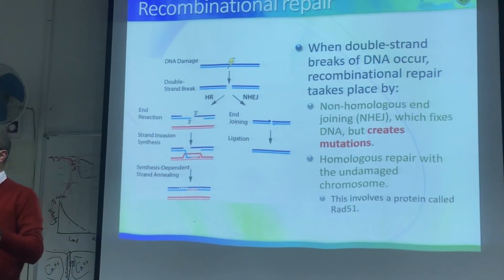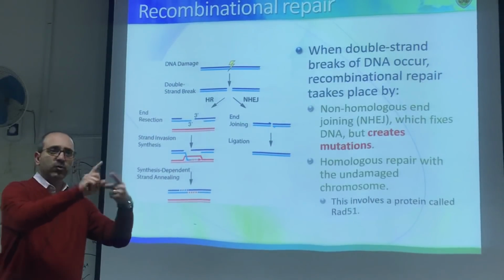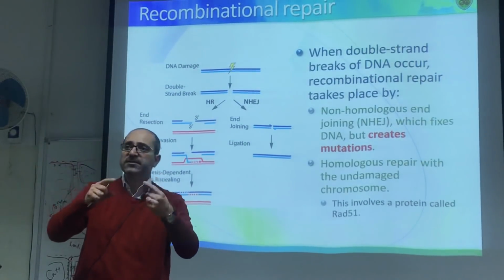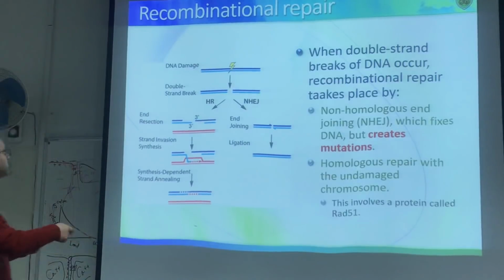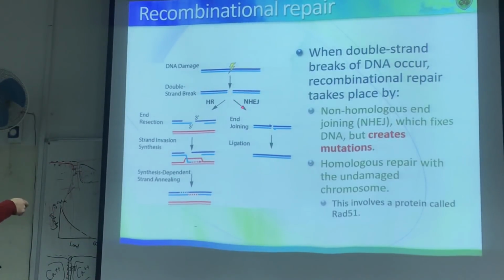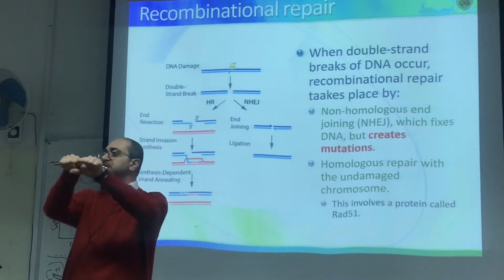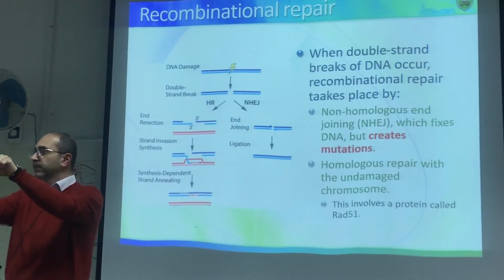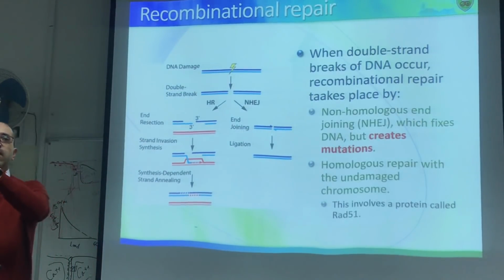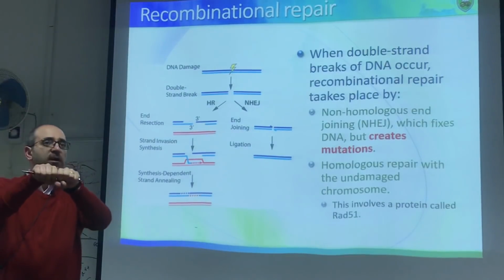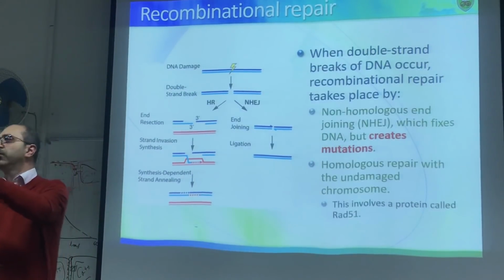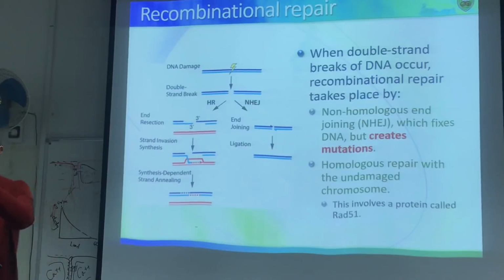Recombination is like the crossover of chromosomes when they are in meiosis. Same thing. What happens, you have two mechanisms. The first one is known as non-homologous end joining. So this is a system that connects the two strands back together. The problem with this system is that although it is efficient, it also creates mutations by doing that.